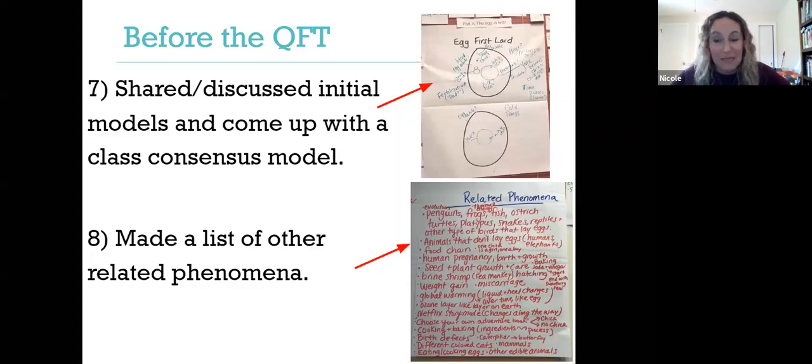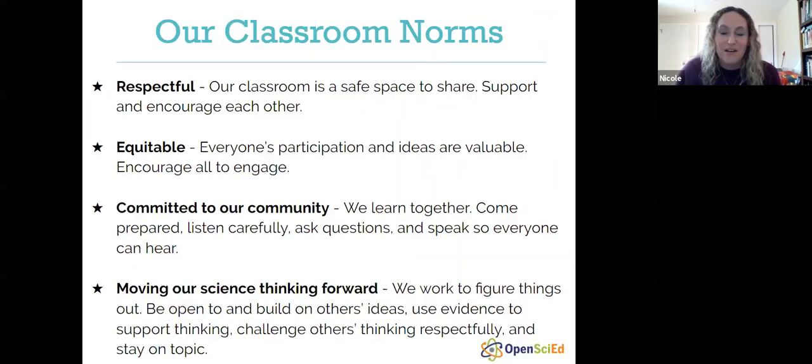Weight gain, some even brought up global warming, which was really interesting that they connected that to the eggs. And it's really neat how kids are making connections beyond just what they see in front of them. So once we do those 8 steps, we are ready to launch almost into the QFT process.